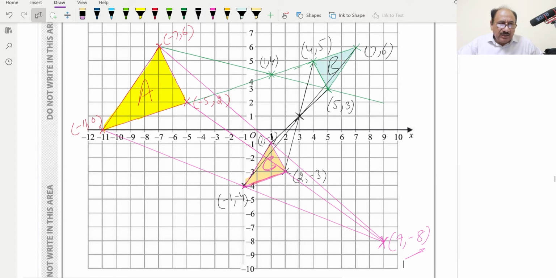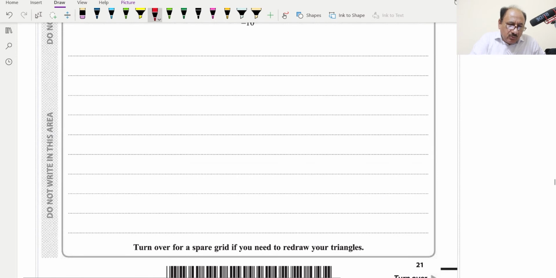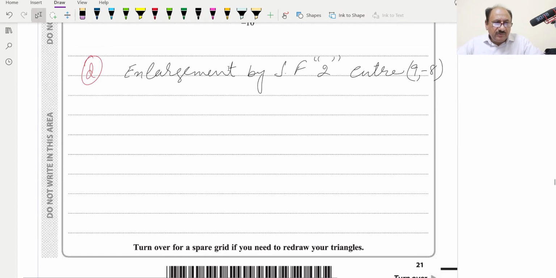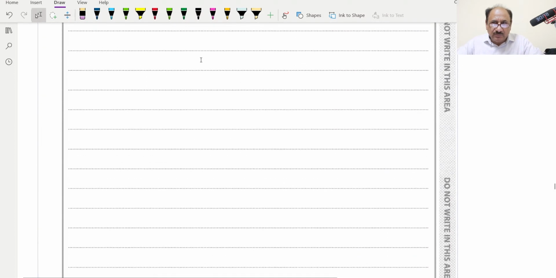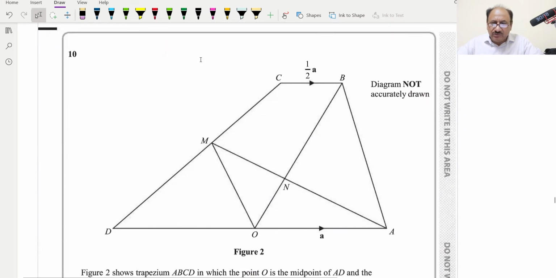So we can write answer for D part, we can write answer over here, and this will be enlargement by scale factor 2, and center will be 9 and -8. So this will be center of enlargement. We are done with this question. This was question number 9. Now we can move to question number 10, which is vectors.